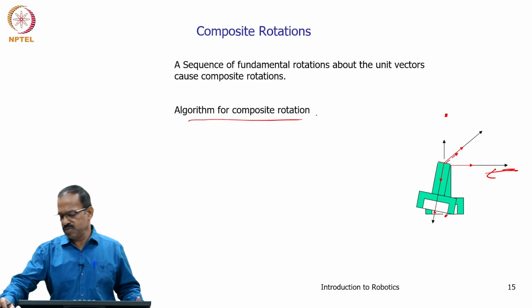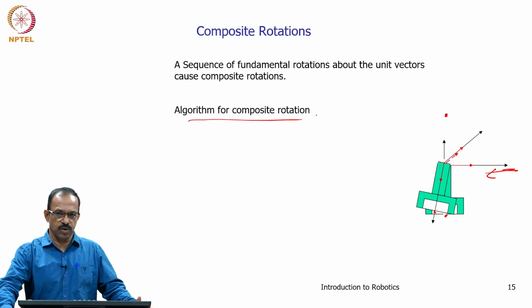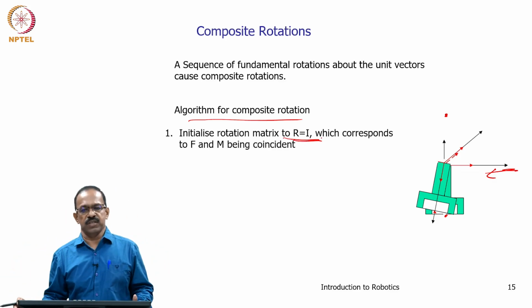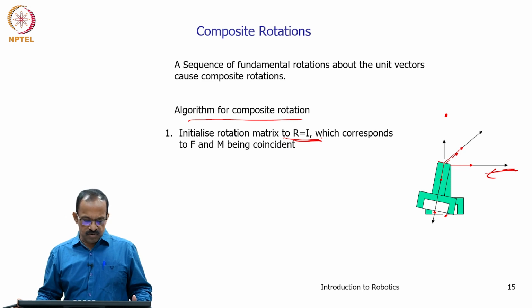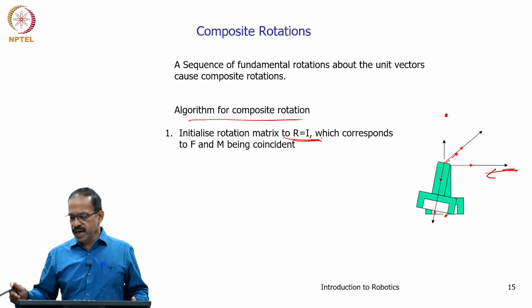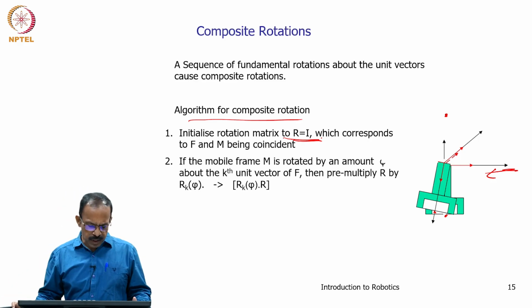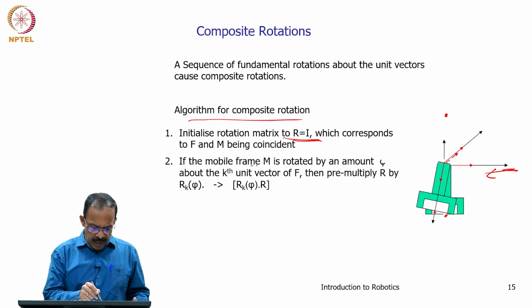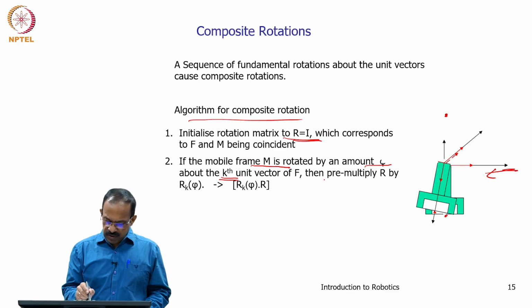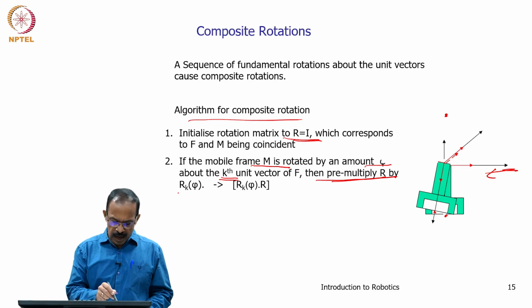We just need to follow a simple algorithm to get the composite rotation matrix. Initialize the rotation matrix R to I, an identity matrix, which corresponds to F and M being coincident. So, assume that F and M are coincident initially and that R is the identity matrix, and then look at the rotation. If the mobile frame M is rotated by an amount phi about the kth unit vector of F, then pre-multiply R by RK phi.